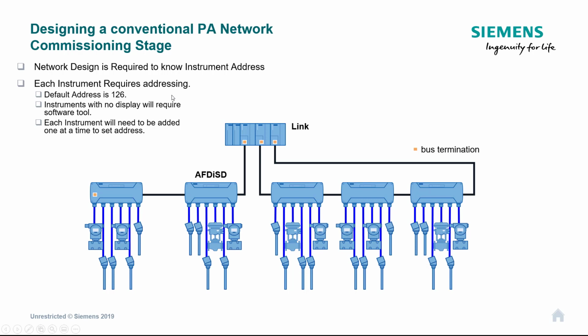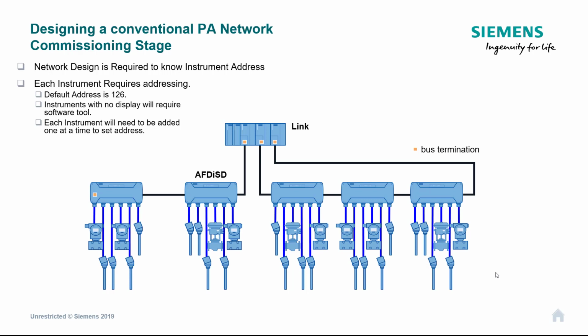If you've got them all at address 126, and none of them have got displays, then you've got a problem, because you're going to have to disconnect all of those instruments, connect one at a time, change the address, change the tag, add another one, and on a site with about 50 instruments, that could take the best part of a day.